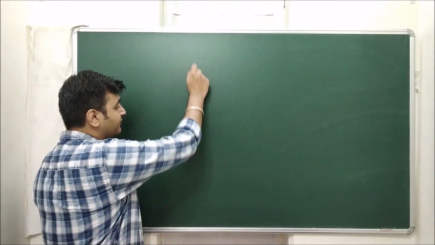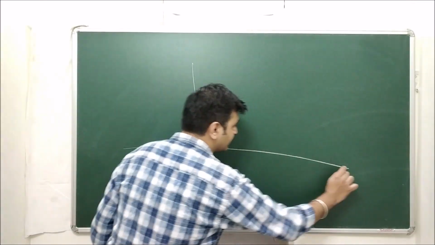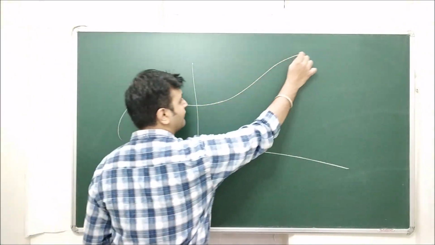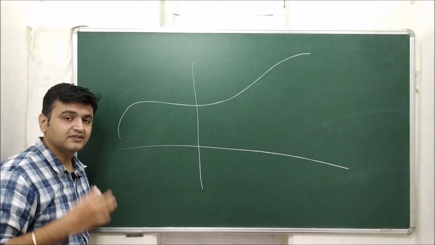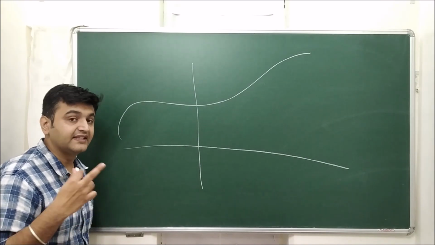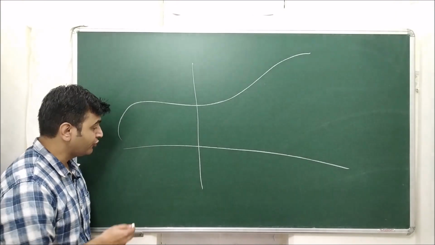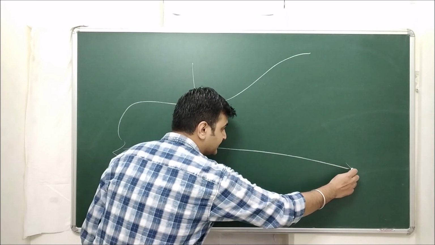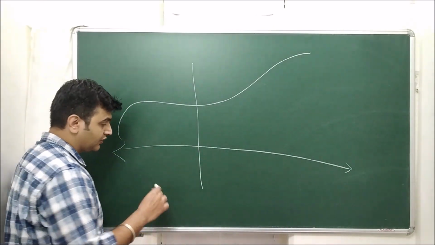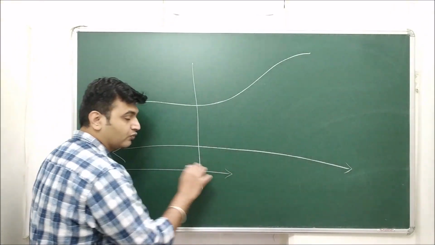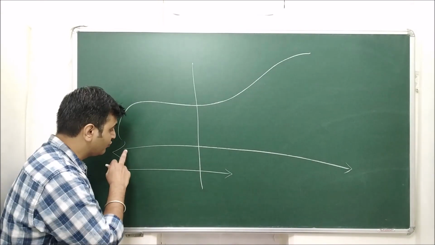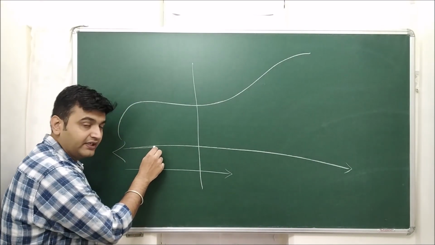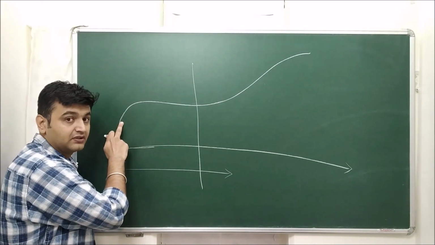Suppose you have a graph of a function. Now the question is, when you say a function is an increasing function, along the x-axis we will fix the orientation. You always go from left to right. When your x goes from left to right, you see the graph of the function.